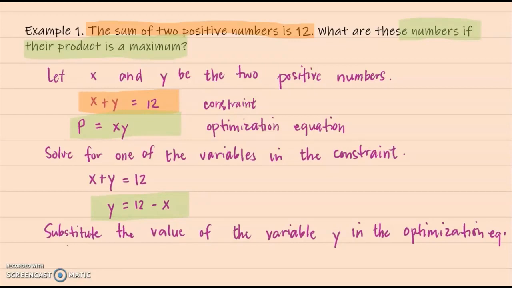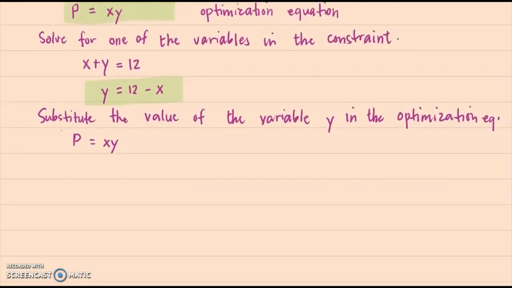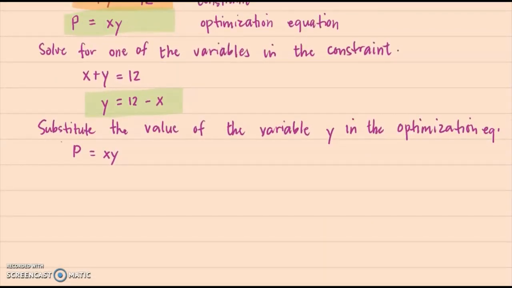So our optimization equation is p equals x times y. Substituting the value of y, we have p is equal to x times 12 minus x. Distribute x, so you have p is equal to 12x minus x squared.